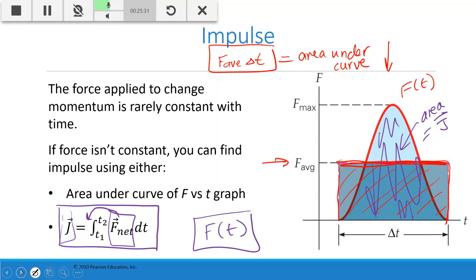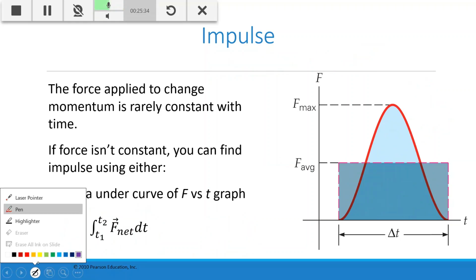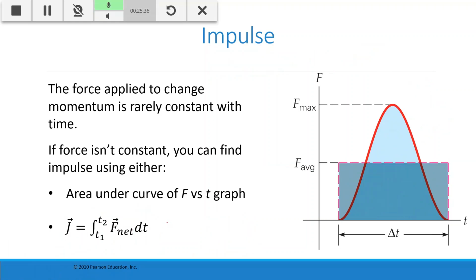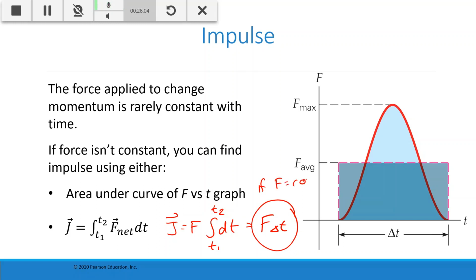And when you do that, that is just going to give you that J, the impulse, is going to be F times the integral of dt from t1 to t2, which is just going to give you F times delta t again, which brings us back to our previous definition of impulse as force applied over time. So either way, you can find impulse by using the area under the curve or by integrating a function. Just be careful because this definition only works if F is constant. Otherwise, it gives you the average force.